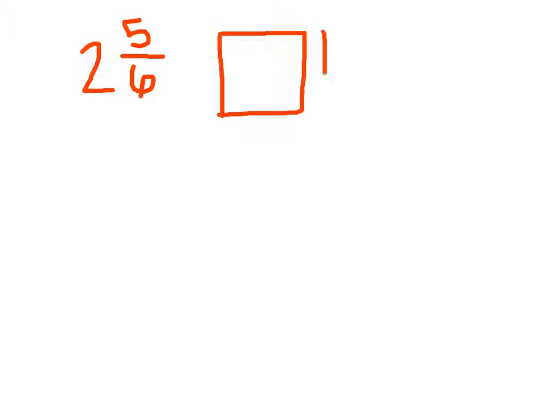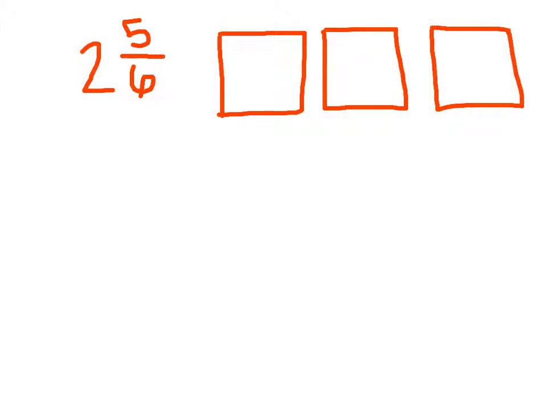Let's see if we can delete it. So, Miss Mitchell, give me one that's a little trickier. Okay, how about 2 5/6? 2 5/6. So I know I'm at least going to have 2, but since I have 5/6 also, I need 3 arrays.